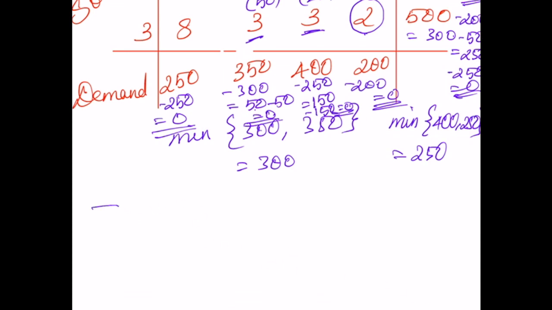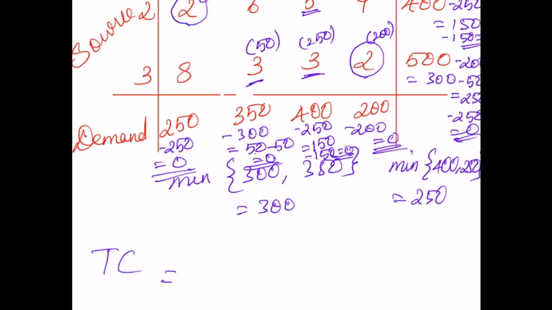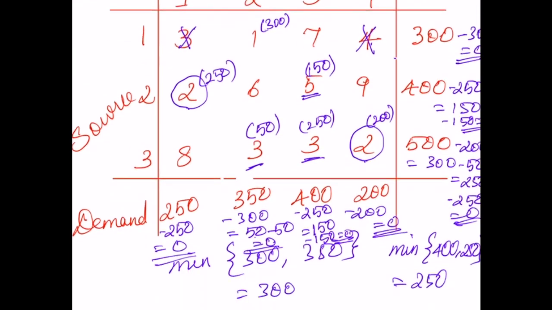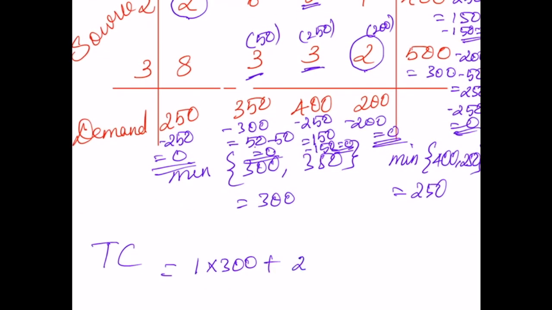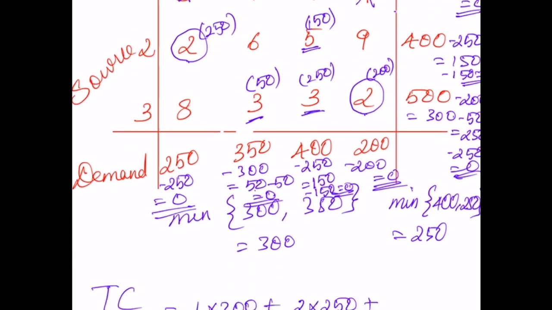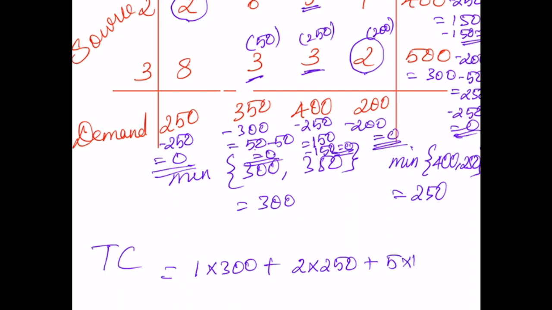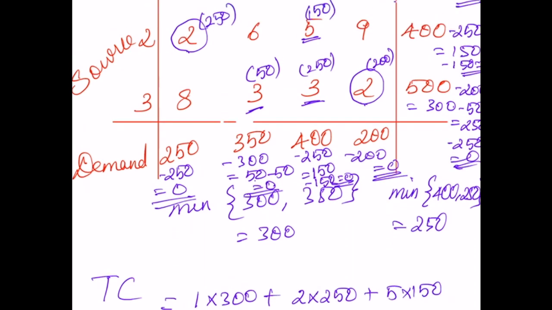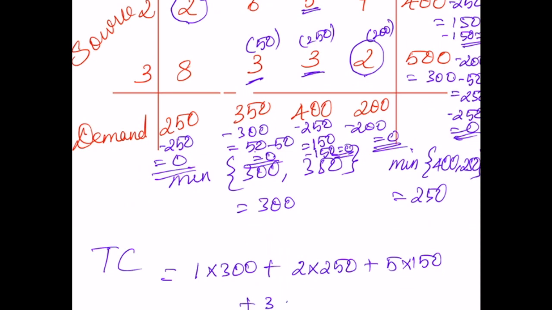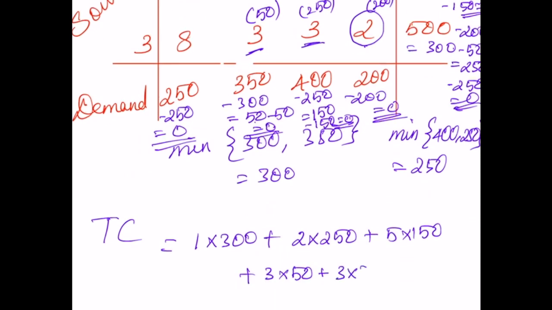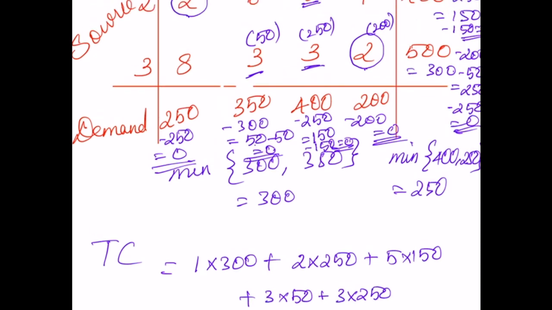The transportation cost is the allocation: 1 into 300, plus 2 into 250, plus 5 into 150, plus 3 into 50, plus 3 into 250, plus 2 into 200.